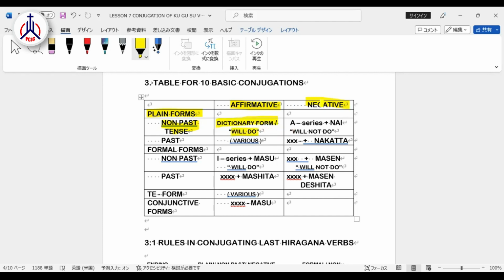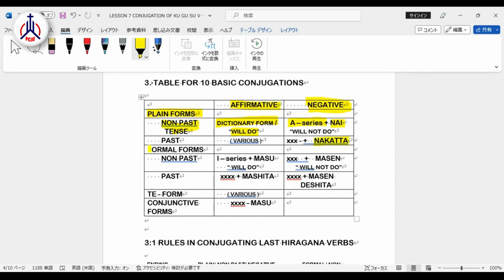But in the negative form, this is what I'm saying to you: not just drop, but we change. The end of the verb will go to the A series and then add nai in the negative, which means will not do. And then again, in the past tense, add nakatta.